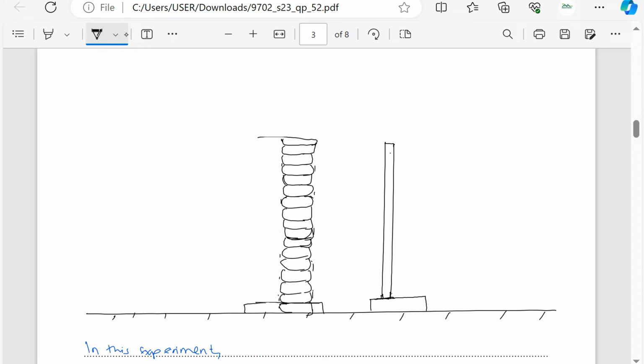Okay, so I'm going to fix my coil onto the table. For this one it is easy because there is a guiding tool here. You can draw a better diagram with a better number of coils.